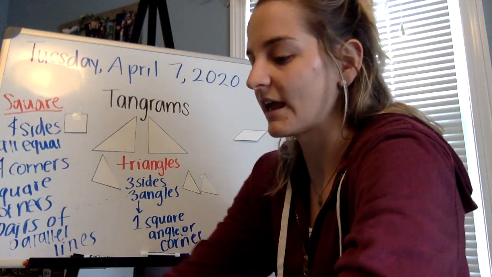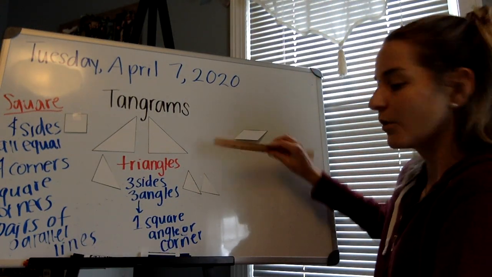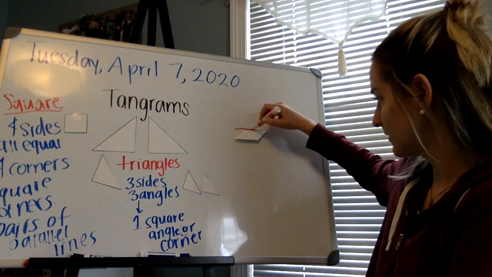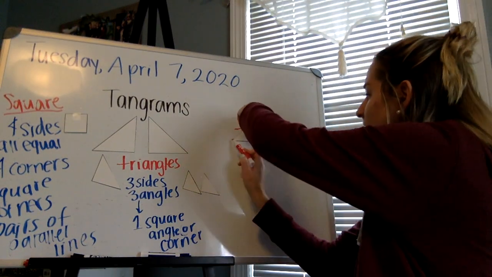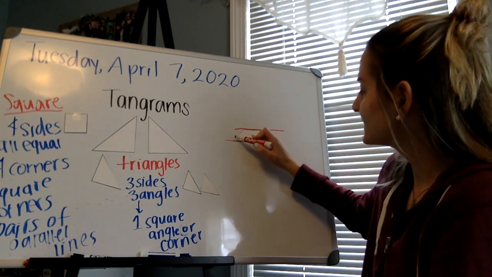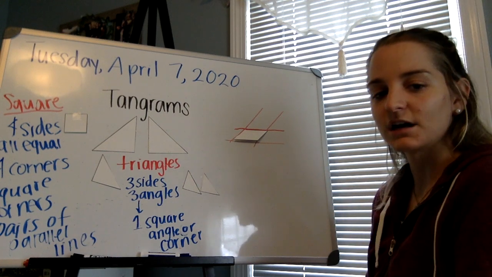Let's see what the sides look like. It's definitely going to have 1 pair of parallel lines because these 2 are never going to touch. But it also has another pair because these lines are never going to touch.